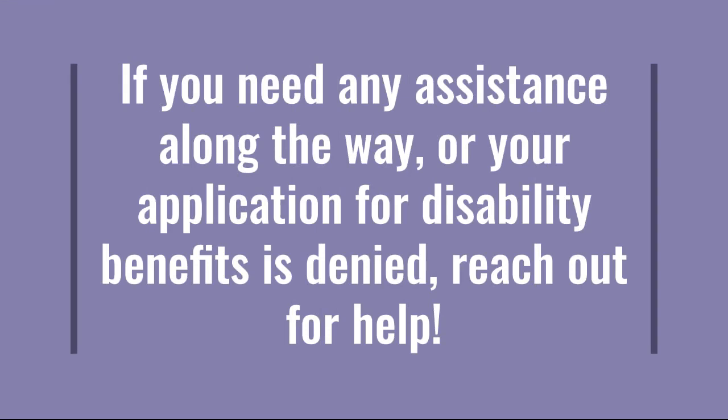If you need any assistance along the way or your application for disability benefits is denied, do not hesitate to reach out for help. If you live in New York City, call Legal Services of NYC at 917-661-4500 for applications and appeals, or the New York Legal Assistance Group at 212-613-5000 for appeals only.